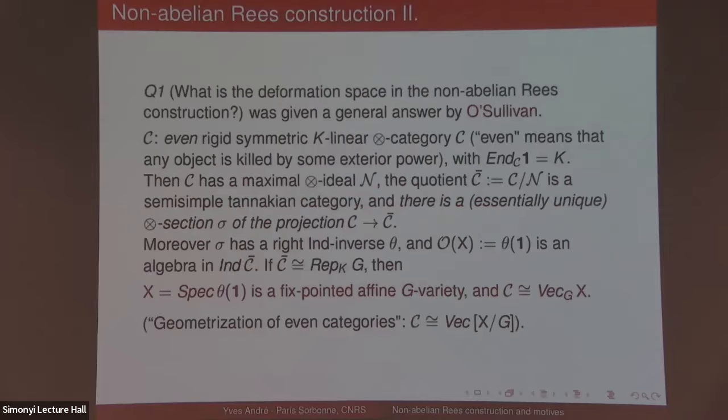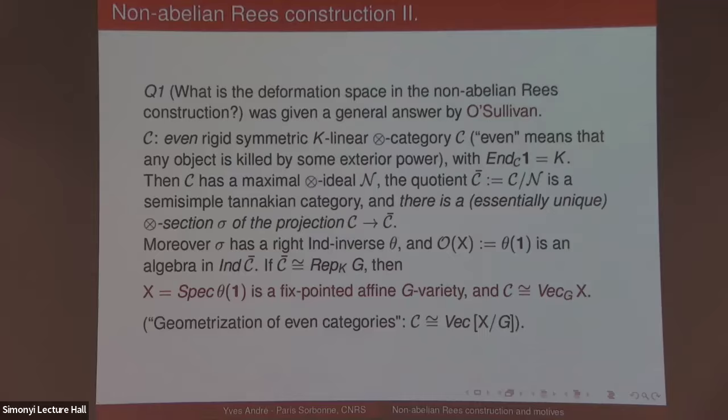So let me tackle the first question, which was, what is the deformation space in the non-abelian Rees construction, when Gm is replaced by an arbitrary reductive group. Here there is a completely general answer by Peter O'Sullivan, which I'm about to describe.